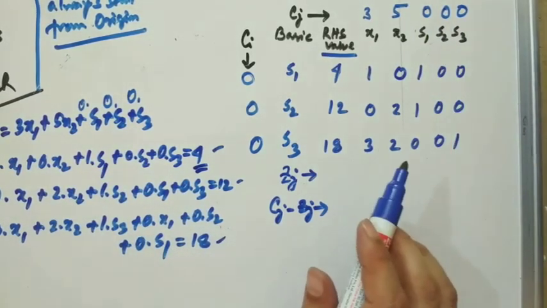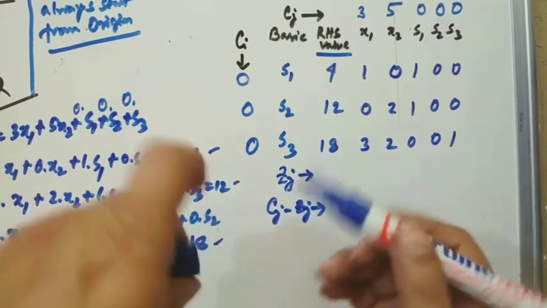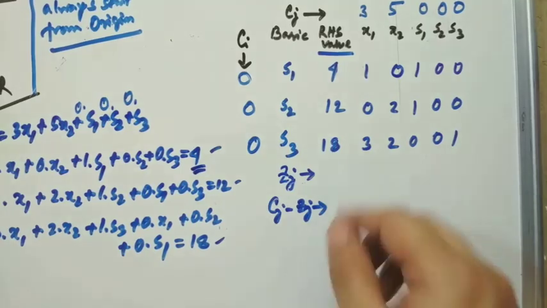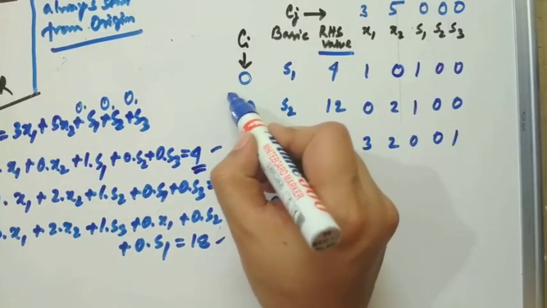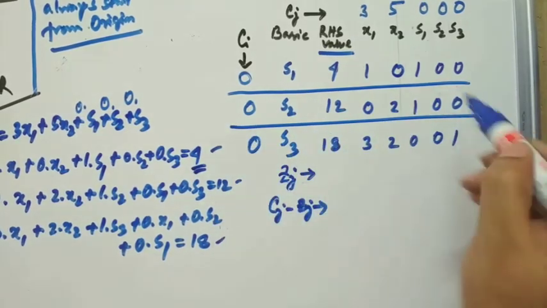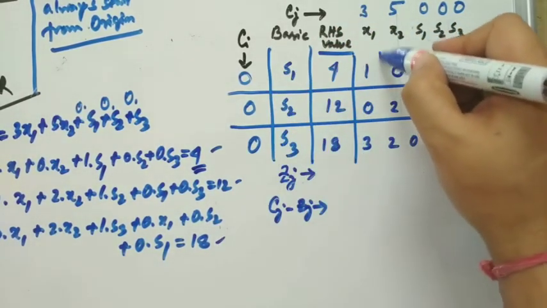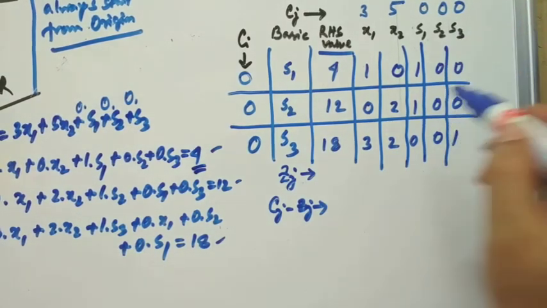Okay, no problem. Now the next step is to find the Zj value. Look carefully, we have to calculate the Zj value for each and every column. Okay, let me give it separation boundaries so that you will better understand. Okay, in this way.